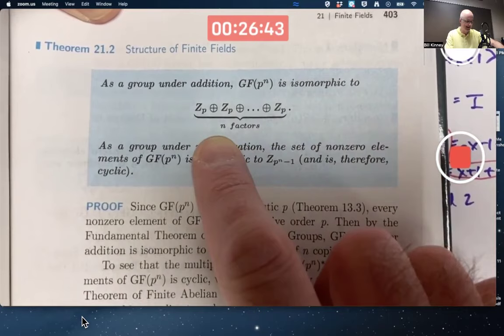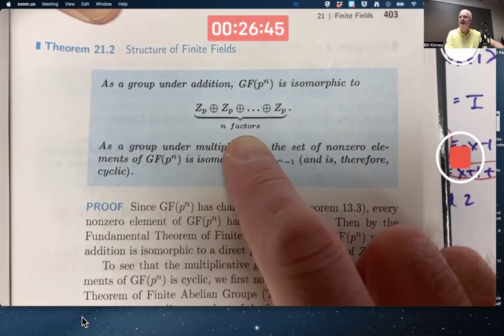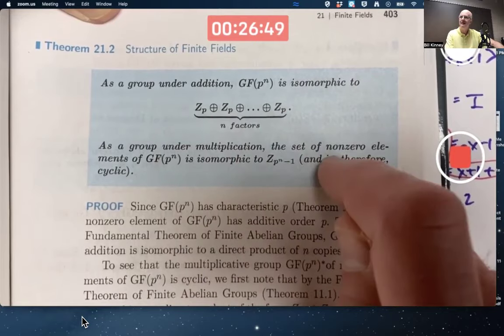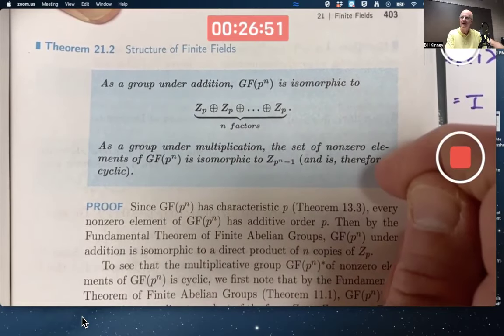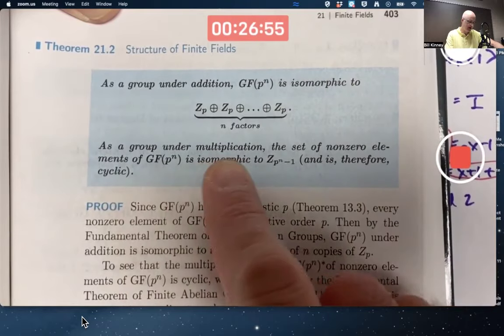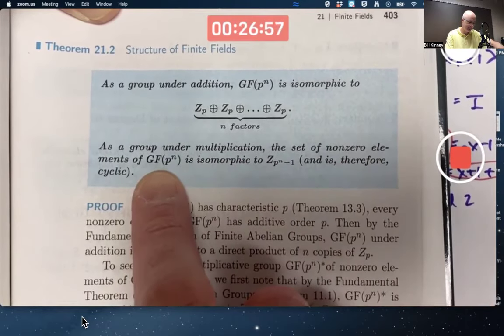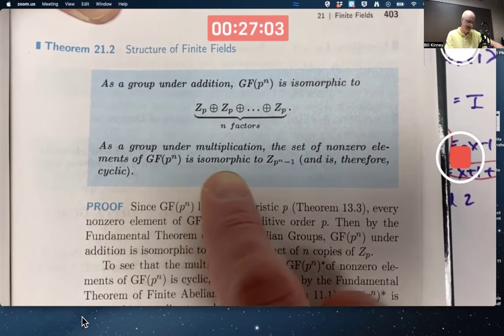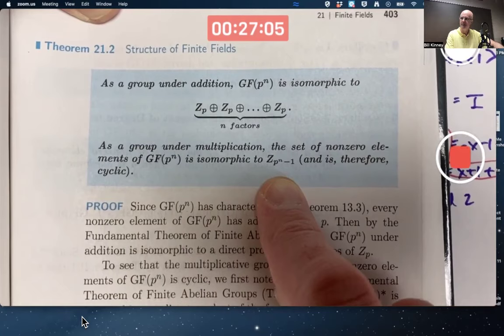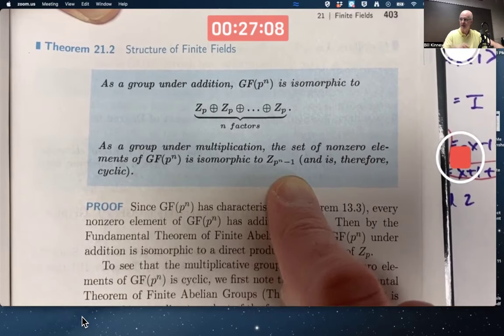It's an external direct product of Z_p with itself with n factors, meaning there's n of these, n being the power of p. And as a group under multiplication, the set of non-zero elements of GF p to the n, meaning GF p to the n star, is cyclic. It's isomorphic to Z sub p to the n minus 1. Why minus 1? Because we took away 0.